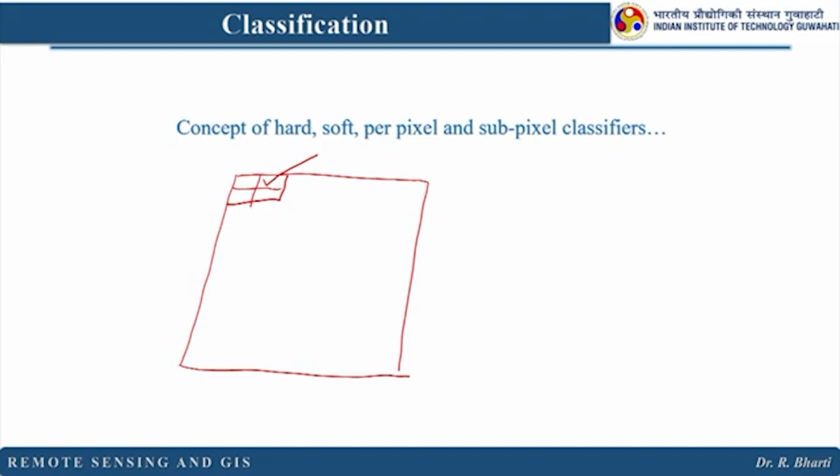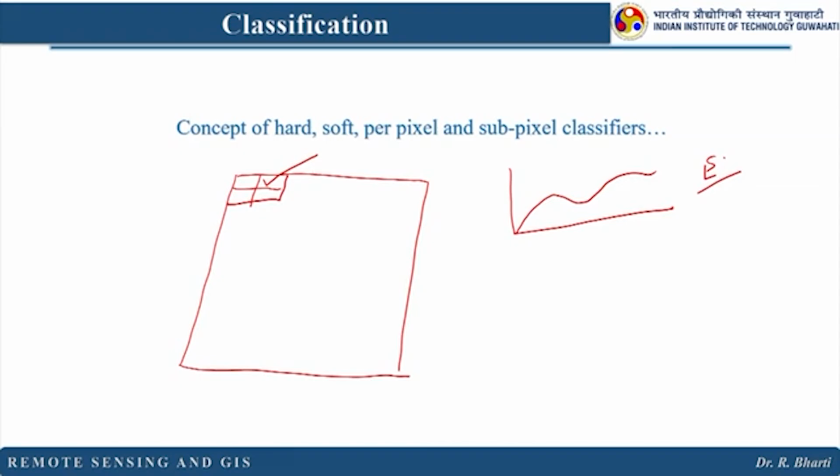So how are we doing this? We are going to resolve the spectra which is derived from this image, which we are calling end members, into different chemical compositions, right?